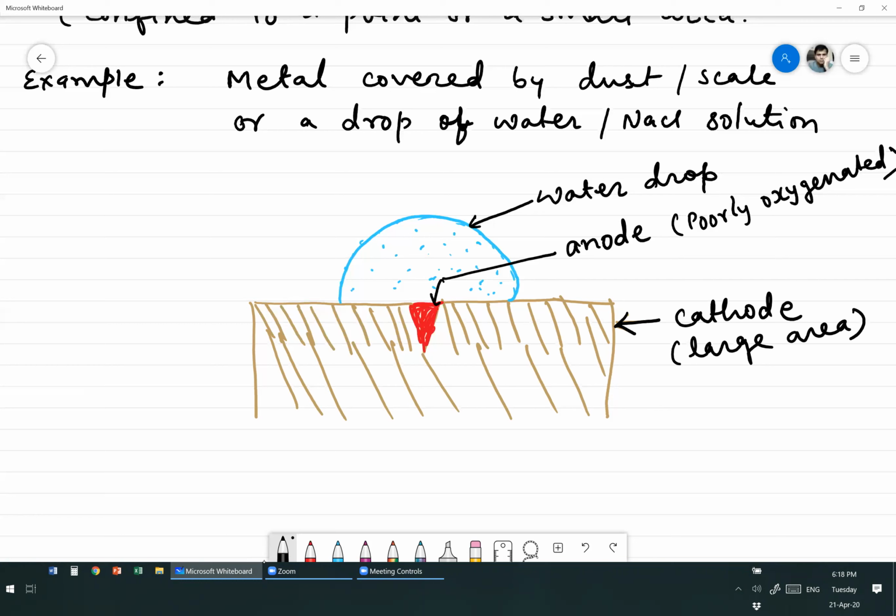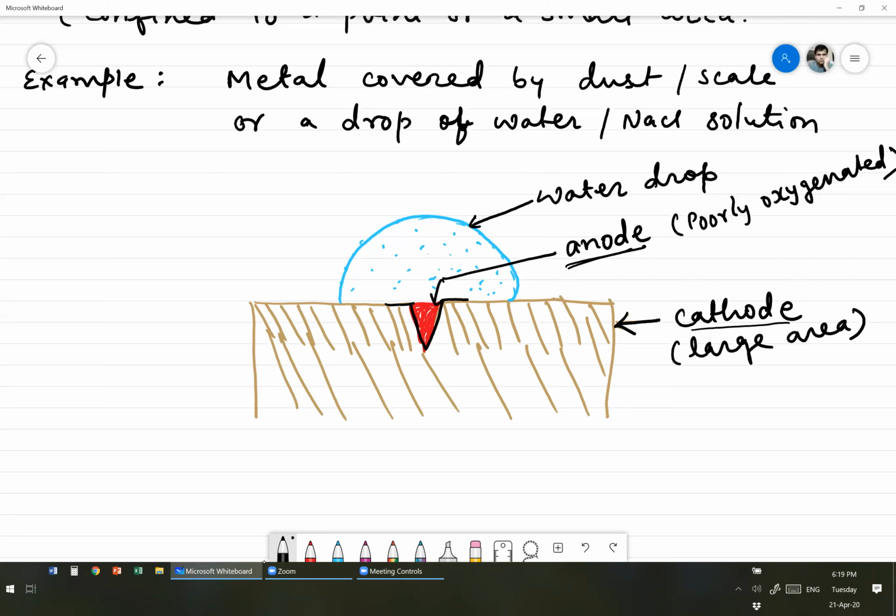Already we have discussed when the area of the cathode is larger than anode, in that case very rapid and drastic corrosion takes place. Cathode has very high demand for the electrons. This high demand of electrons by the cathodic area can be satisfied, and already we have seen that the area of the anode is very small, only if it undergoes very rapid and drastic corrosion.